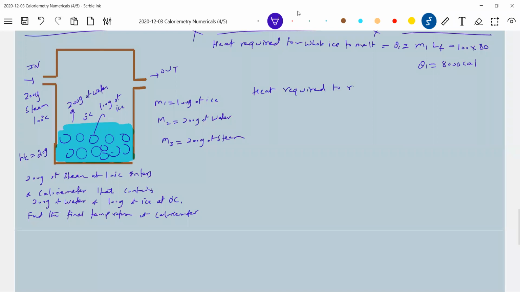So now, heat required to raise the temperature of the calorimeter from 0 to 100 degrees Celsius. What is all this heat? It should be the water equivalent of the calorimeter, then m1 gram of newly formed water, then m2, 200 gram of water which is already available.